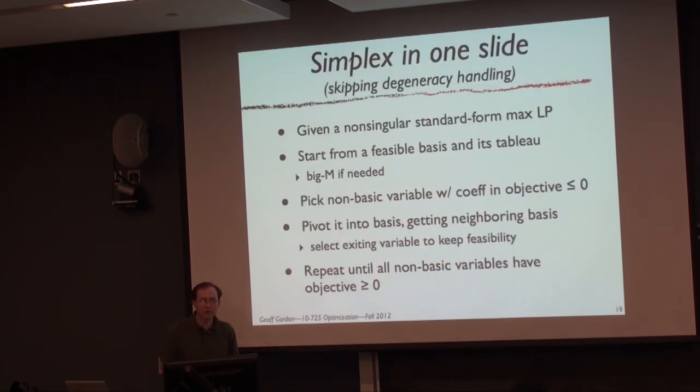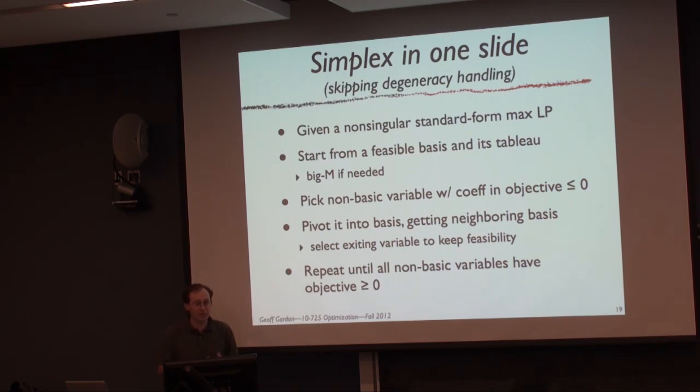So simplex now in one slide, skipping the last remaining point that I've been sweeping under the rug, which is handling degeneracies. You start with a non-singular standard form maximization linear program. You start from a feasible basis, and its tableau. Use big M if needed to get to a feasible basis, and its tableau. You then repeat the following.